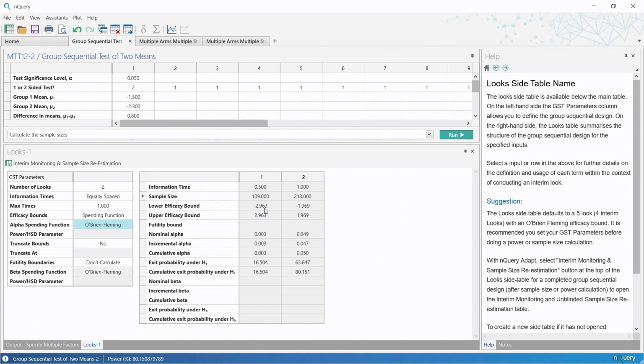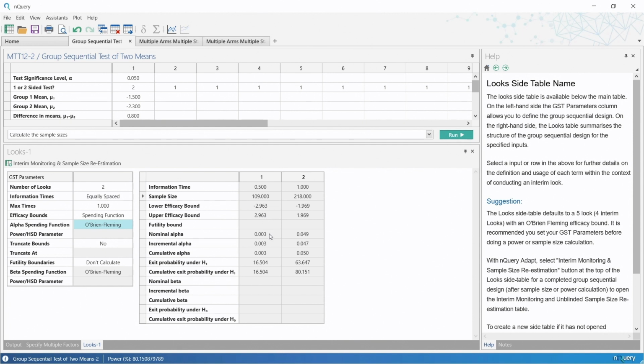This means that if the standardized z-statistic at an interim analysis was equal or between -2.963 and 2.963, we would choose to continue the trial to the next look. However, if it was below -2.963 or above 2.963, we would stop early for efficacy at this look.